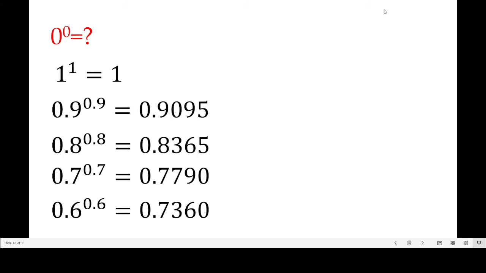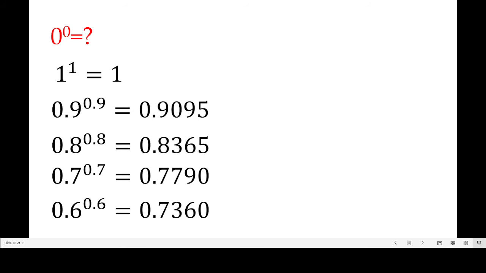But see the difference between 1 and 0.9. It's around 10% decreasing. And the other one is decreasing, but the difference between each two of them, yes, also declines.